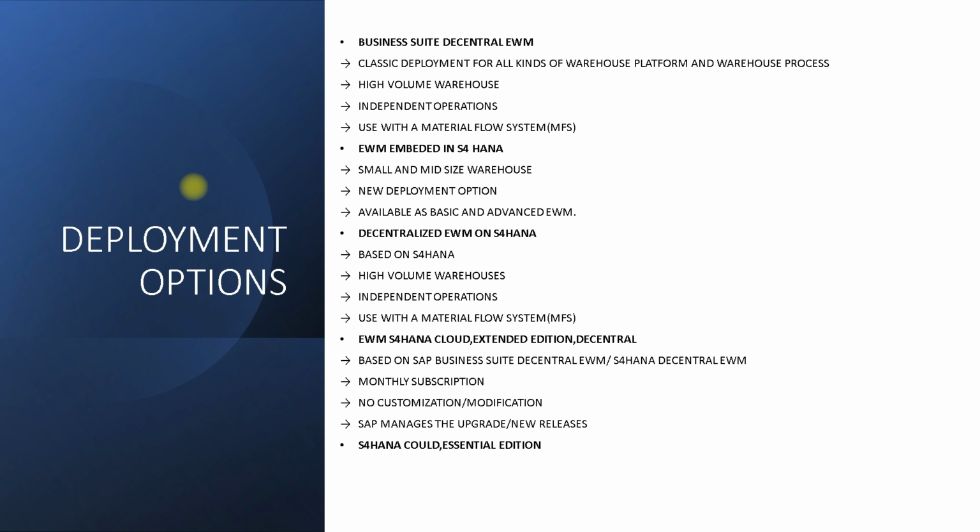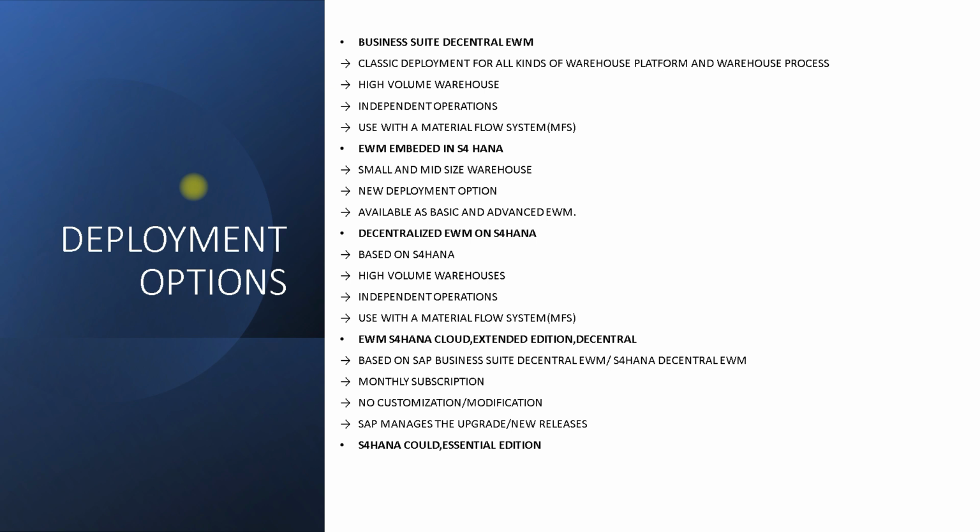With respect to that, you might have a backend ERP system, let's say your ECC system or any other system, and you can use it decentrally with the SAP SCM system. This is a classic deployment for all kinds of warehouse platforms and warehouse processes.